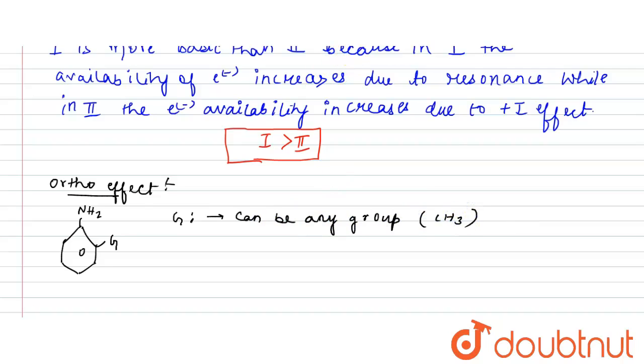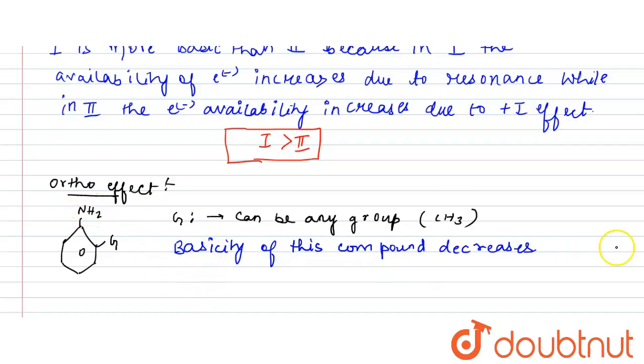So now what does the ortho effect say? According to the ortho effect, the basicity of this compound decreases because the group is attached at the ortho position. Any group, if it is attached at the ortho position, the basicity of this compound decreases.